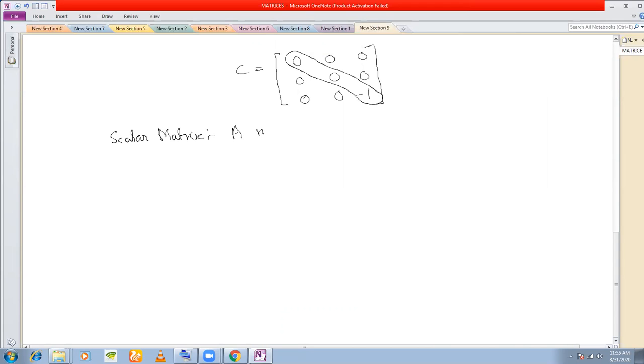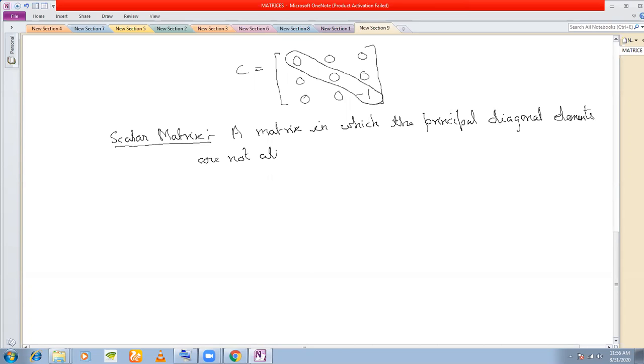A matrix in which the principal diagonal elements are the same scalar, while all the other elements are zeros, is called a scalar matrix.